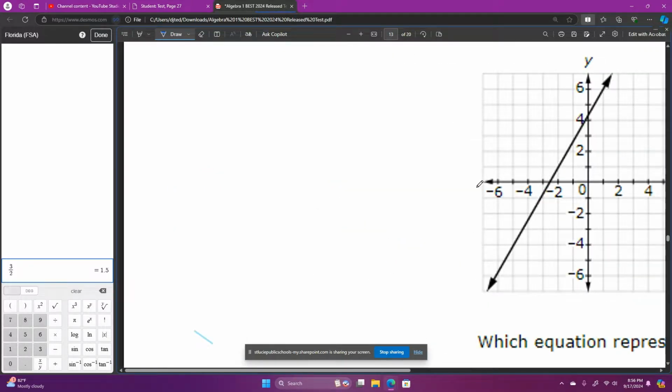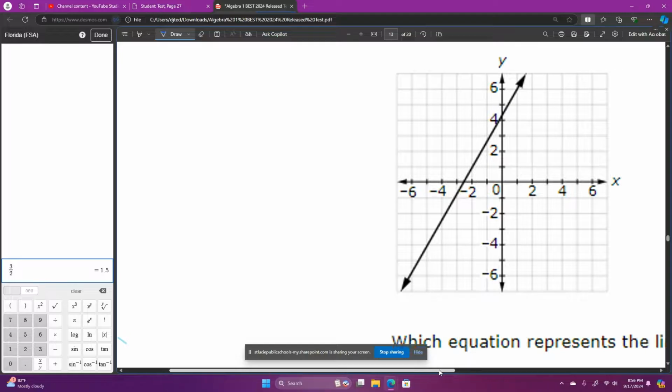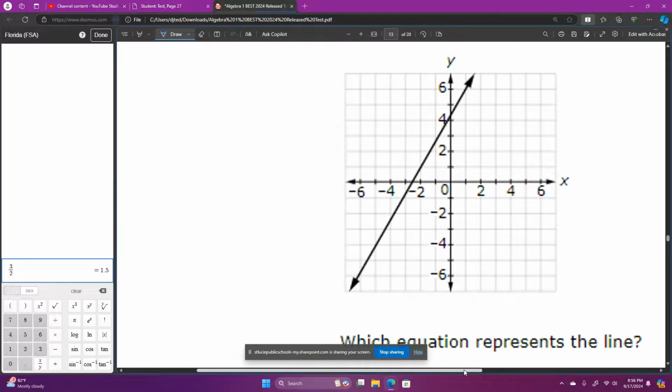So I'm going to zoom in, and I'm looking for corners. This looks like it's on a corner. Not a corner, not a corner, not a corner. This looks like it's on a corner.